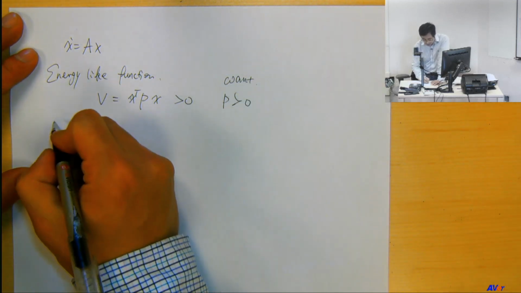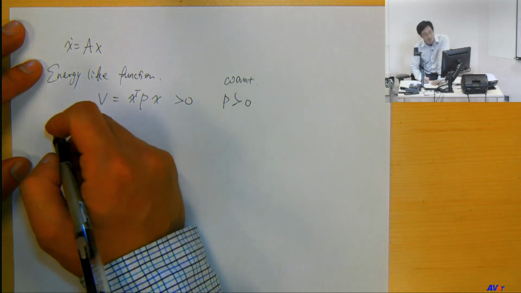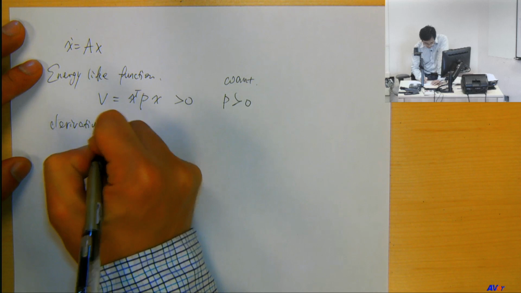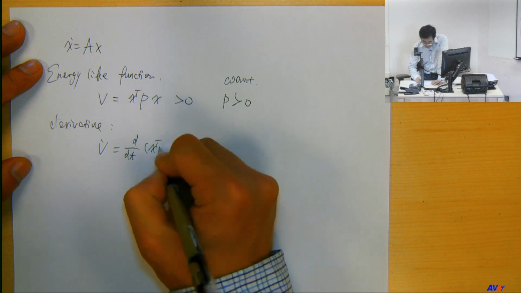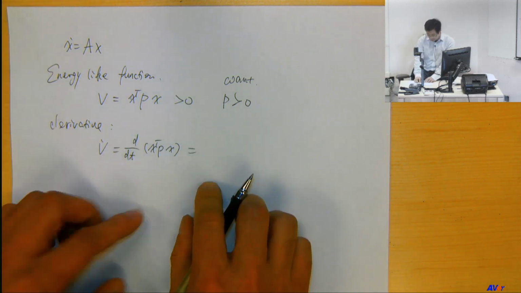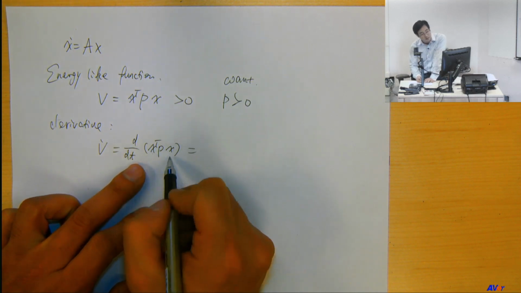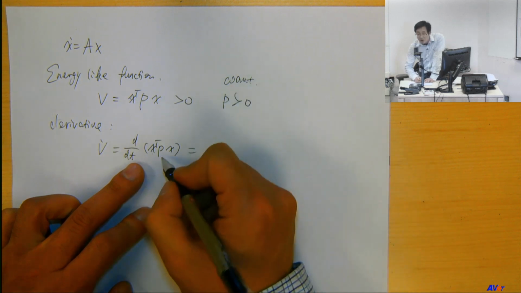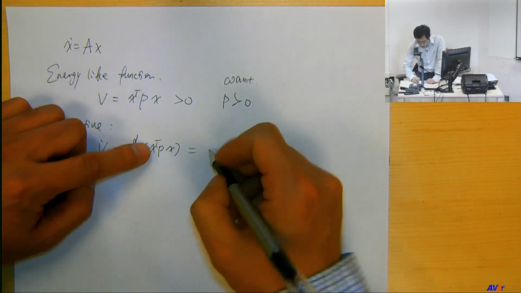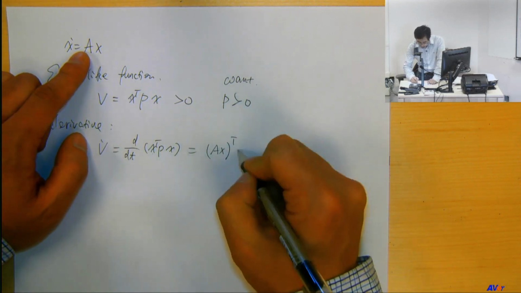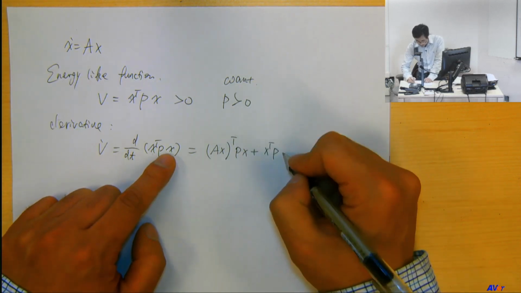And then to judge whether it's stable or not, we want to take a look at the derivative, the energy dissipation. V dot, which is the derivative of x transpose P times x. I have two terms that depend on time, x transpose and x. So taking the derivative of the first term, it's x dot transpose, so it's (Ax) transpose Px, plus x transpose P times x dot, which is Ax.